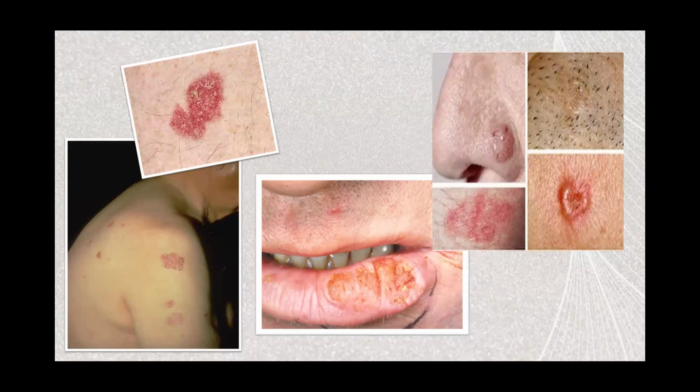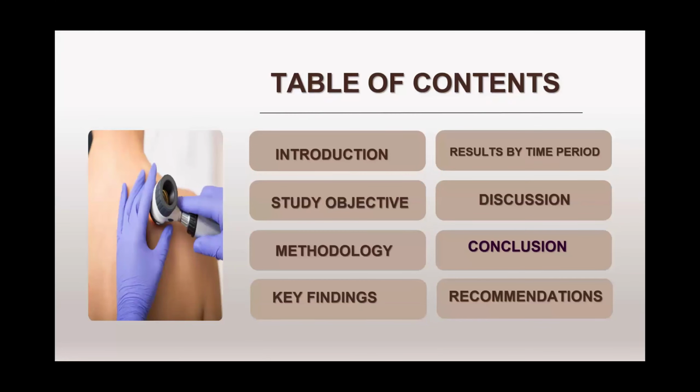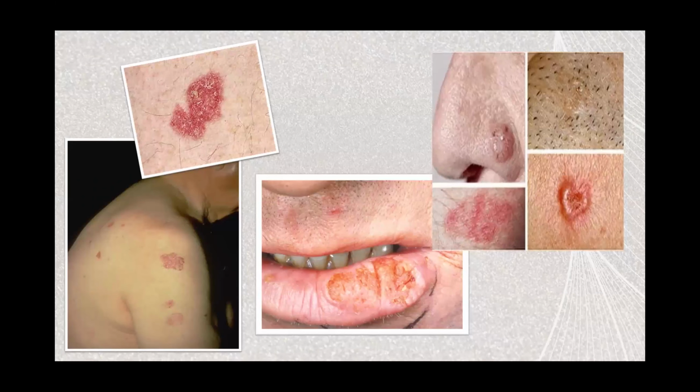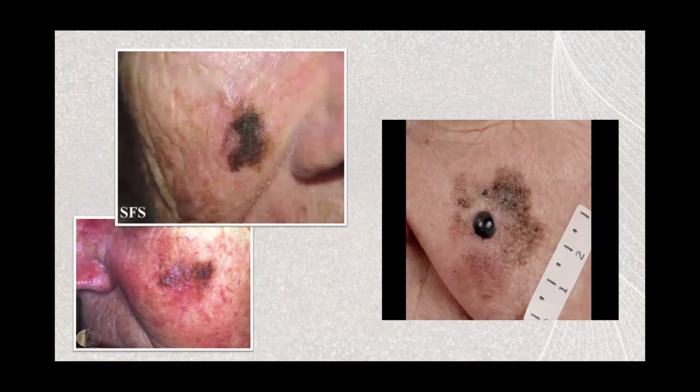This is BCC, basal cell carcinoma. And the other ones are BCC of the nose, BCC of the lips, and BCC on the body. The other type of skin cancer is melanocytic skin cancer, melanoma, lentigo melanoma, which is the most dangerous one. You see the images: melanoma on the face, melanoma on the body.